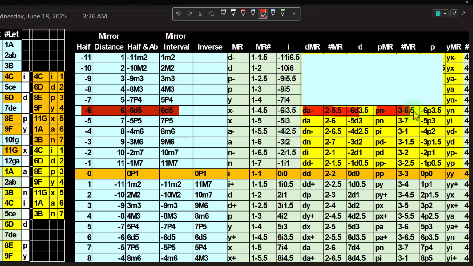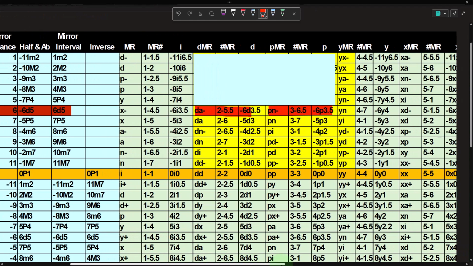If I'm going from the Phrygian, it would be a PN negative, which would be a 3 to a 6.5 modal range, which would once again have a distance of negative 6 notes counterclockwise from the P node, which would be a negative 3.5 modal half step backwards.